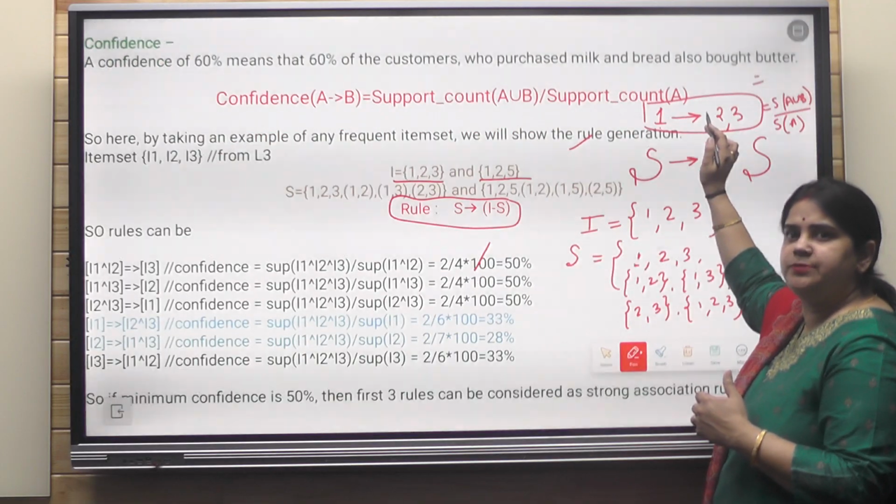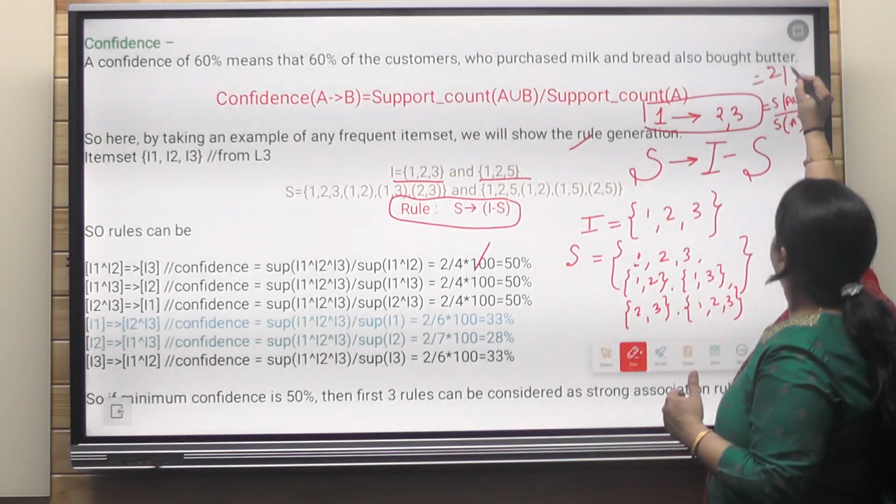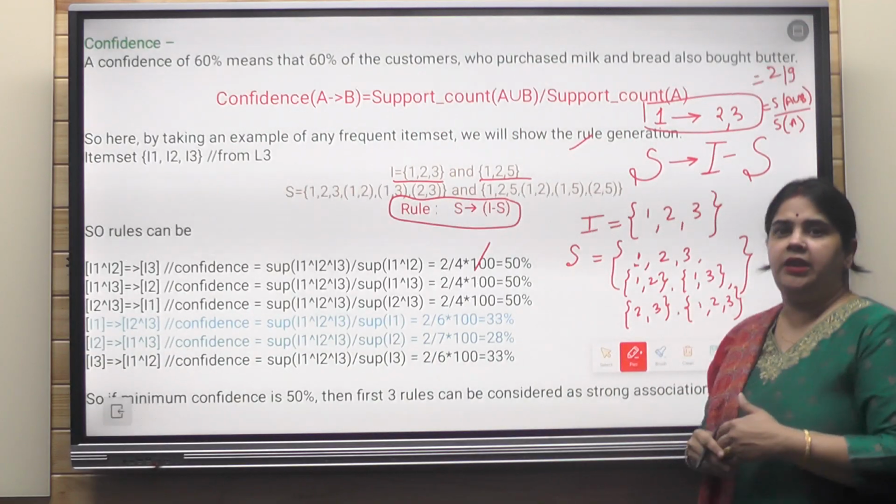How many times has it been purchased? It has been purchased 2 times, out of 9 transactions in total, so divided by 9.